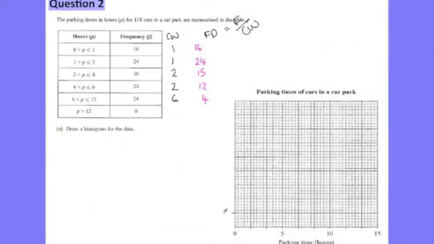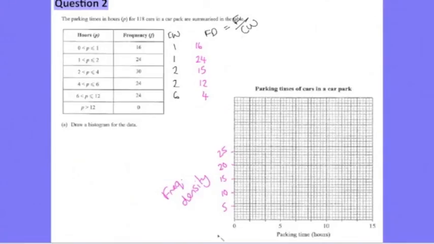Looking here, we must then create a scale for this. Here, 5, 10, we need to go up to 24, 15, 20, and 25. This here is the frequency density. The parking time in hours is already along the x-axis. So our first bar from 0 to 1.